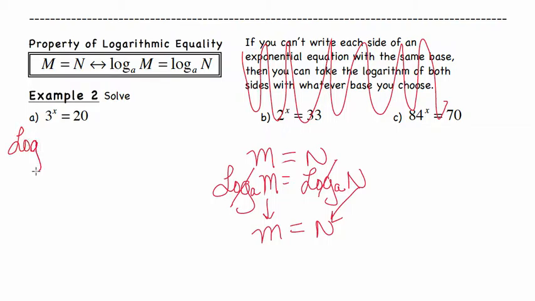Normally we don't write the base 10 down, but I'll write it in there so you can see it. The reason I chose base 10 is because I have that button on my calculator to use. And by logging both sides, it's going to allow me to drop down that exponent out front.